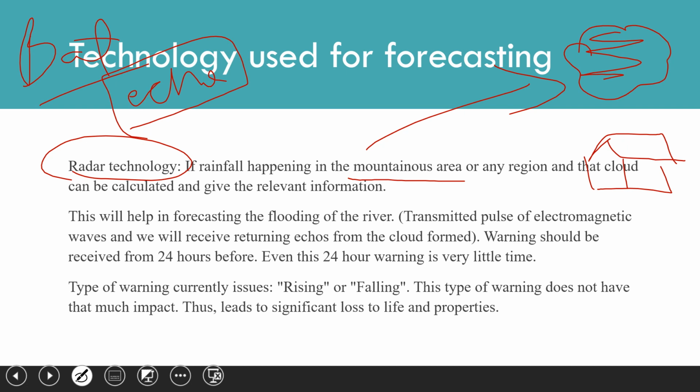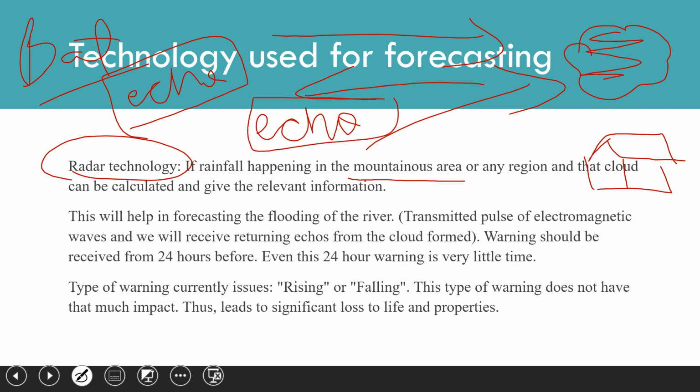Similarly, radar technology sends a message and receives the signal from that cloud in the form of echo, and through that method, which is the base of this technology, we understand how much cloud is accumulated over there and how much rainfall will occur in coming days.